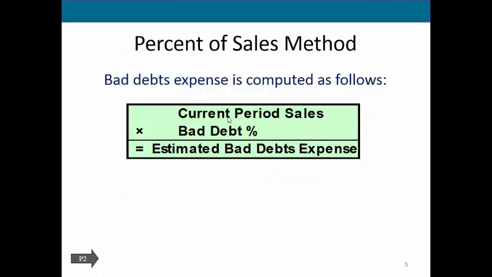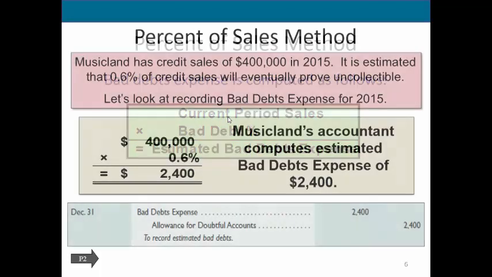So you can see here just how we compute the percent of sales method is any time we make a sale, we have a certain percentage that we know is typically bad debt. So if we make a sale and that sale is on account, meaning we're not getting cash, we're getting an account receivable, then we'll go ahead and apply the percentage to those sales made on account, and we will recognize our estimated bad debt expense.